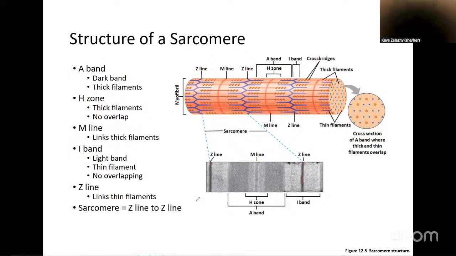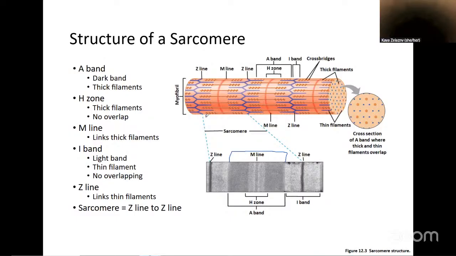When we're looking at these zones and bands, we're going to see that we have different gradations of color here in this histological slide. So we can see in what we refer to as our A band, we're going through these two thick, dark areas all the way to the end of our next thick, dark area here. So that's our A band. It looks dark. If we link that up to what's happening in the sarcomere, we have it labeled on this neighboring sarcomere, but we could do it on this one as well.